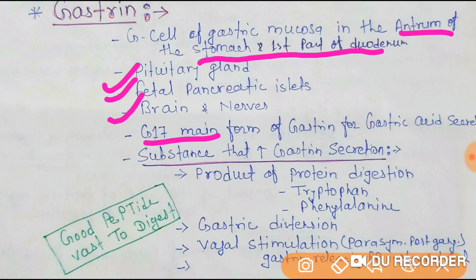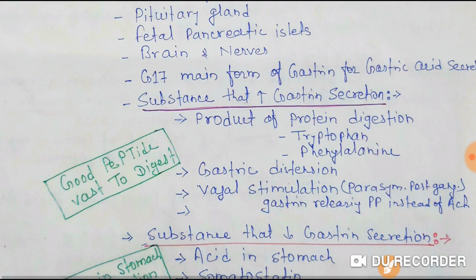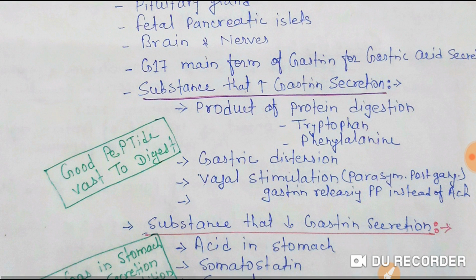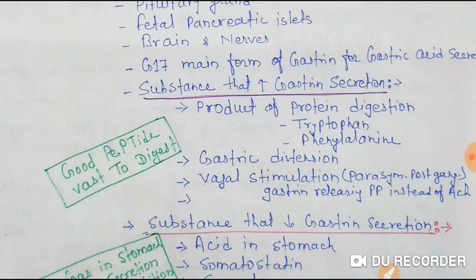Next topic is the substances that increase gastrin secretion. Here, the products of protein digestion, including tryptophan and phenylalanine, and gastric distension also stimulate gastrin secretion, as does vagal stimulation.